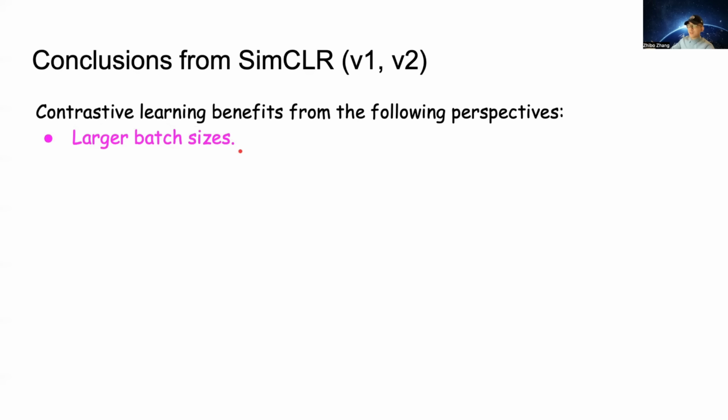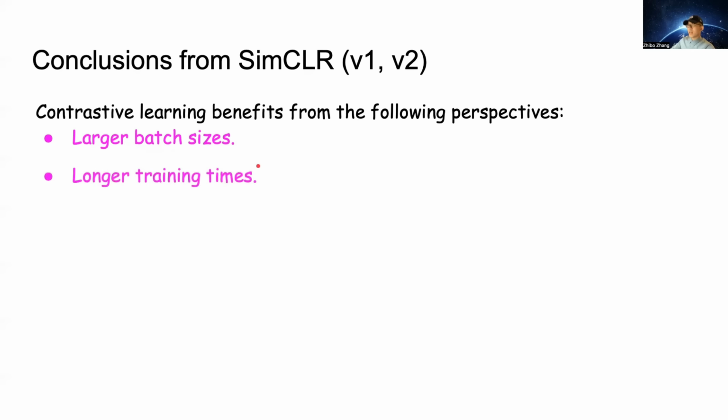And the drawback is very obvious, right? Because there are computation graphs, you have to store that information. So typically speaking, the computation is going to be very large if you want contrastive learning to work very well, right? So the implication of this is that there is a lot of computation needed.